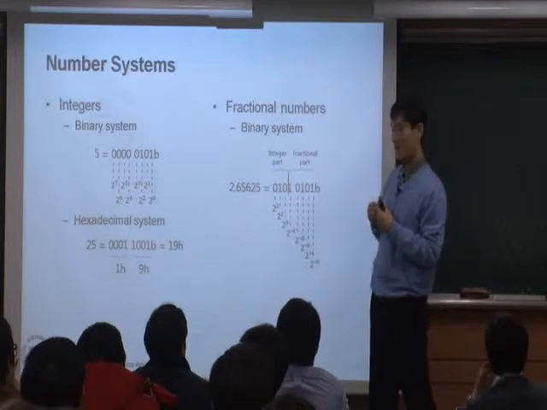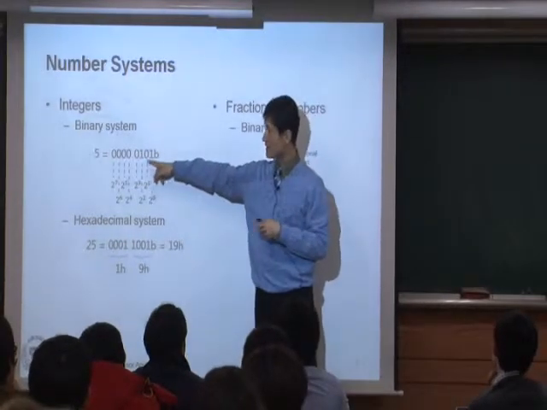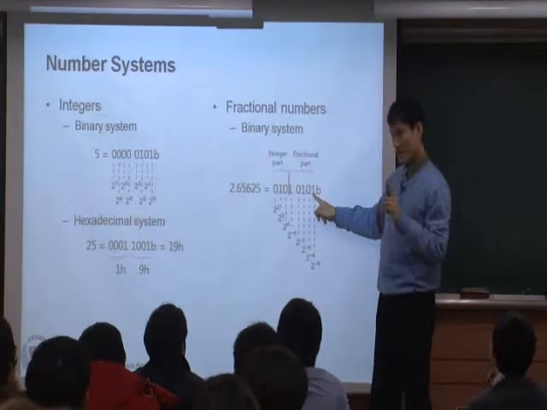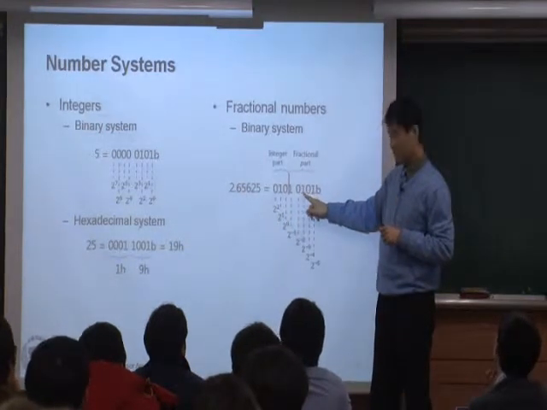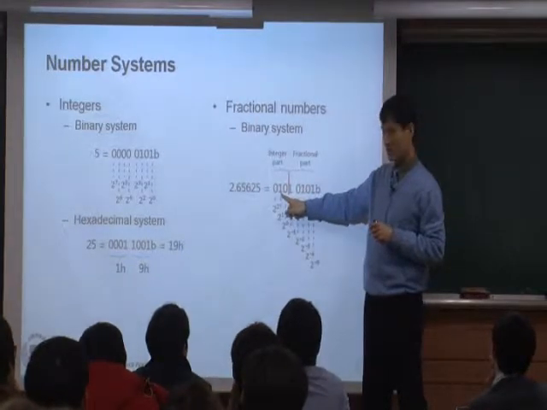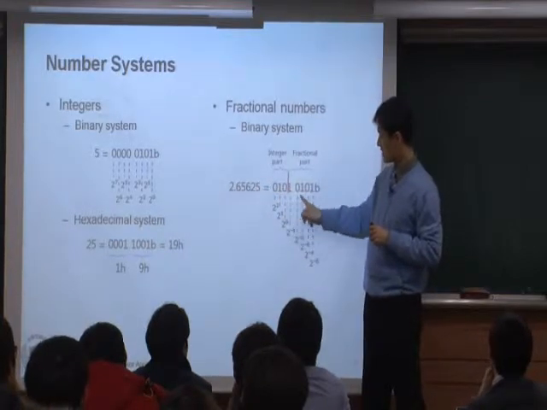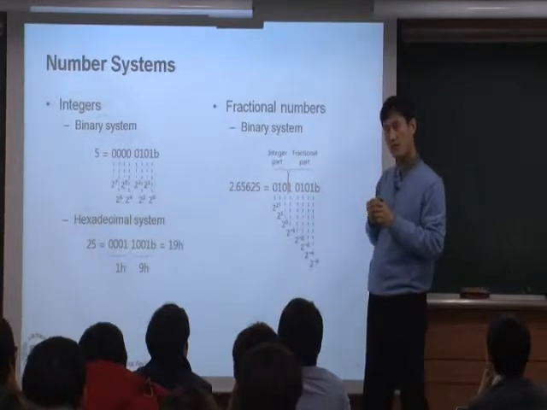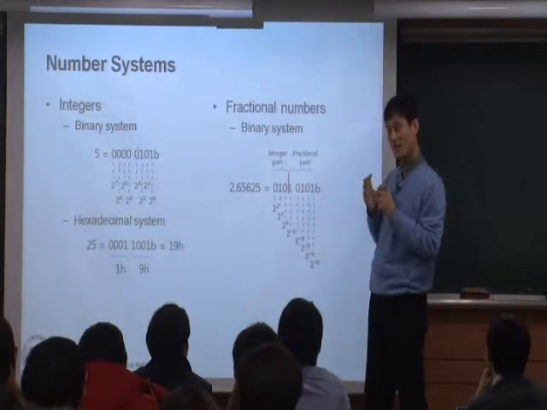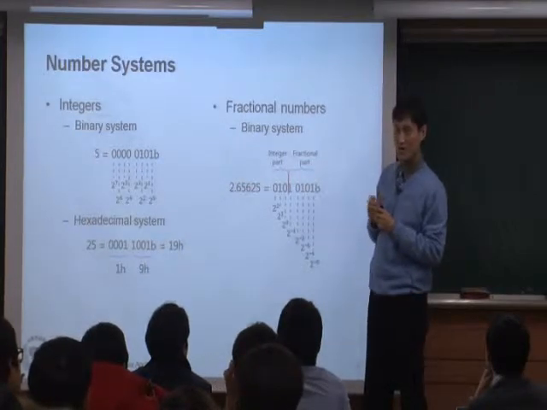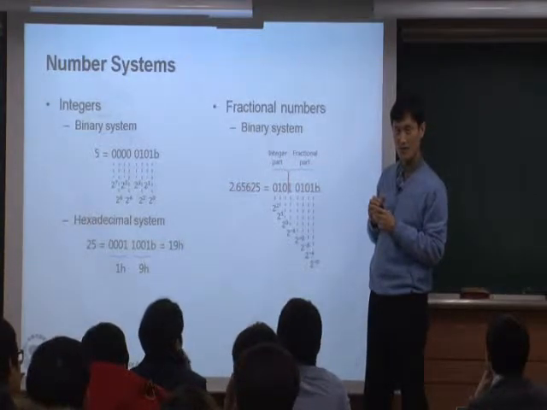If we read this binary as a decimal integer, this is going to be 1, then 0, then 4, 16, 64, right? So we add 64, 16, 4, 1. You add all that, and that's going to be the value if we read this as an integer.